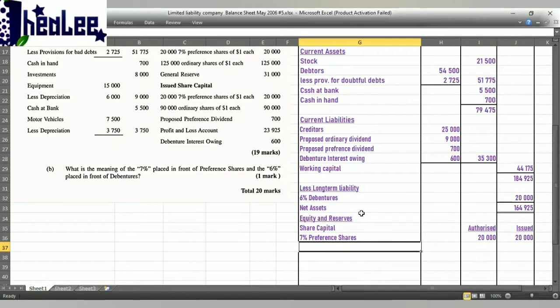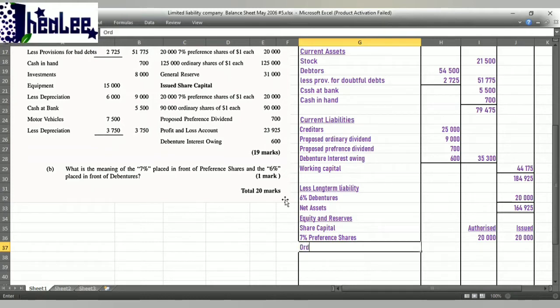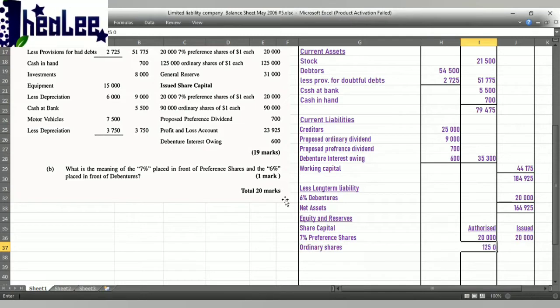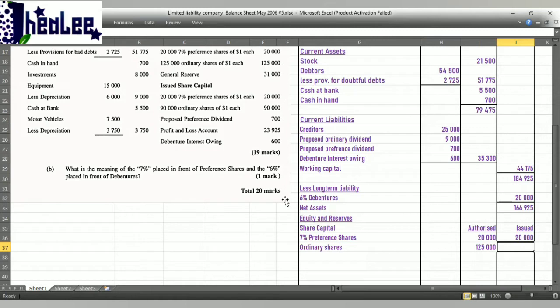So here we go with the ordinary. They're authorized to sell 125. So we're making a note of our ordinary share. Authorized is 125,000, and what was actually sold is 90,000. It's under issued share capital, and that is 90,000.